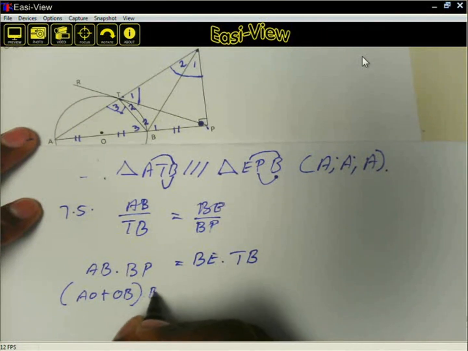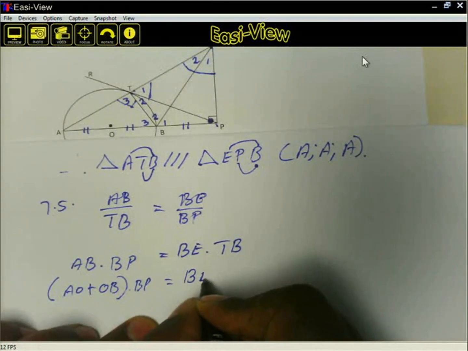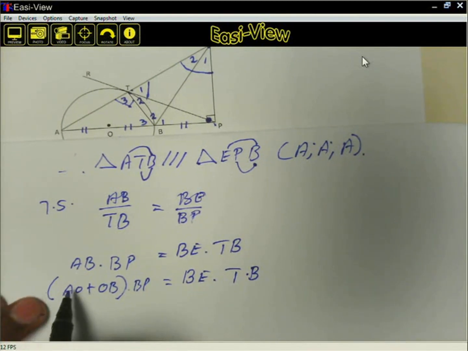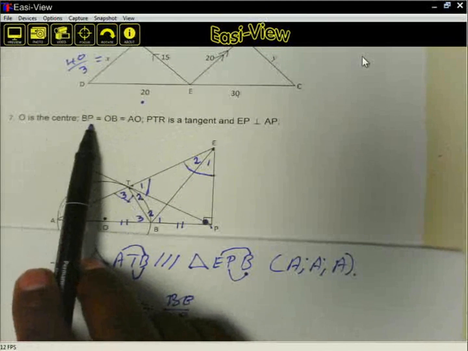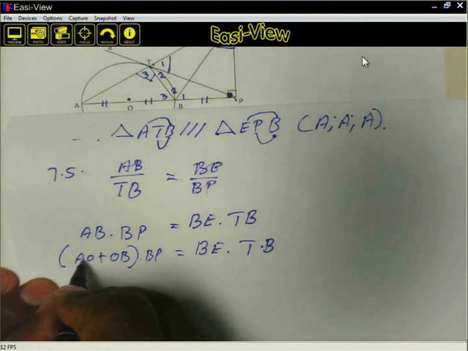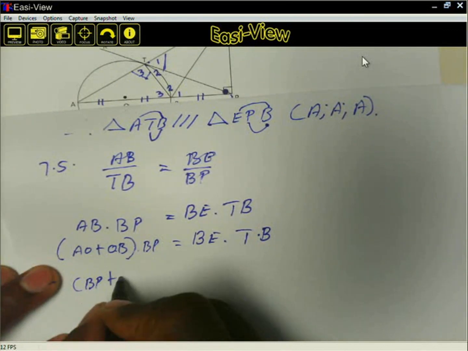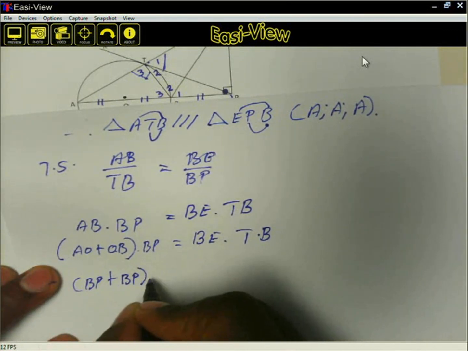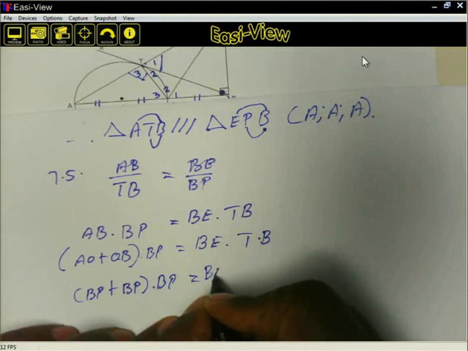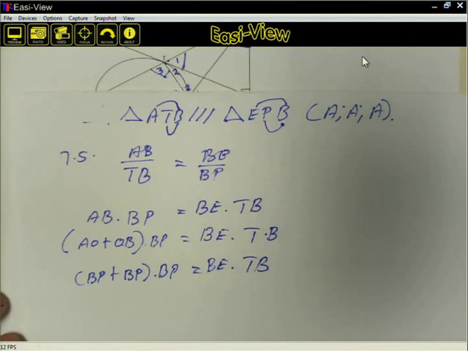And then you multiply by BP. Remember, the product is still BE multiplied by TB. Check AO. From the given information, BP equals OB equals OA. Then what do we do now? Instead of AO, we write BP, plus OB, we still write BP, multiplied by BP. The product will still be BE multiplied by TB.